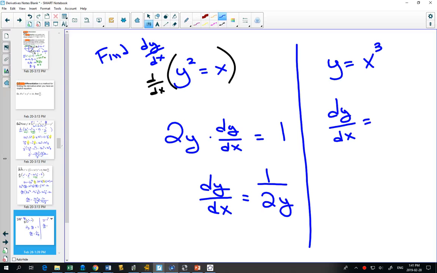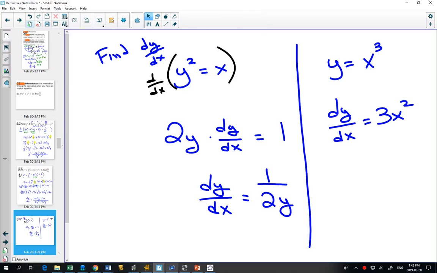The derivative is 3x squared. So now, how do I want to manipulate the other side? I'm not sure if this is completely good or not. No, what I wanted to show doesn't work with this. So, it was an attempt at a good idea that didn't work. Oh well.